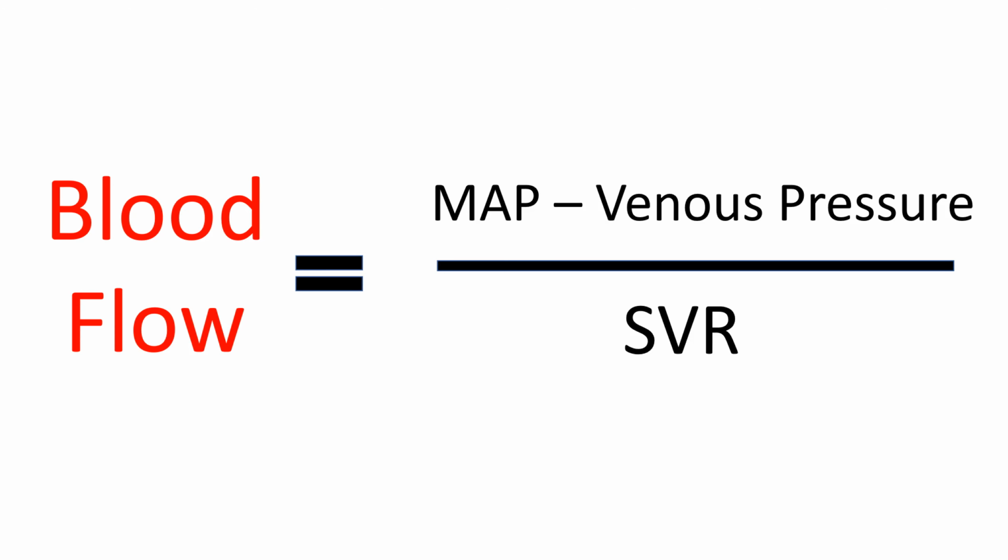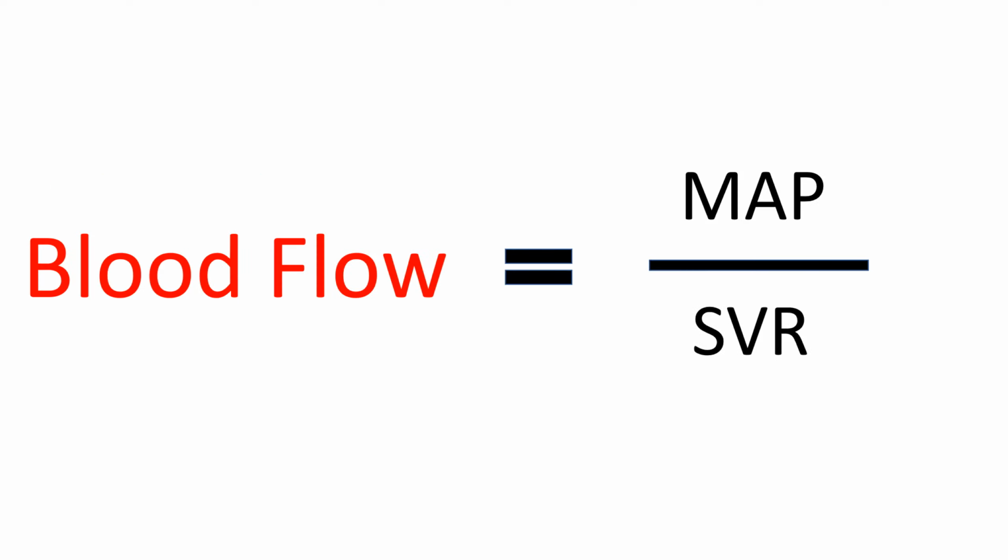And this flow is limited by the resistance in the system, which is the systemic vascular resistance. Although for most explanations, it is simply written: systemic blood flow is equal to mean arterial pressure divided by systemic vascular resistance. And this is because the mean venous pressure is normally so much lower than the mean arterial pressure that it doesn't play much of a role in this equation.